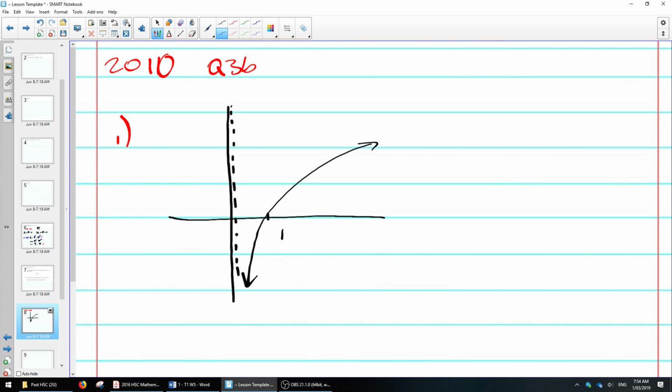If you didn't know what the shape looks like, how could you sketch this function? Table of values. Okay? Remember, if you ever get stuck, just do a table of values. If I did x equals -1, like if I do ln -1, it's going to give me math error. If I do ln 0, it's going to give me a math error, but that's not in the domain. If I did x equals 1, it'll give me 0.